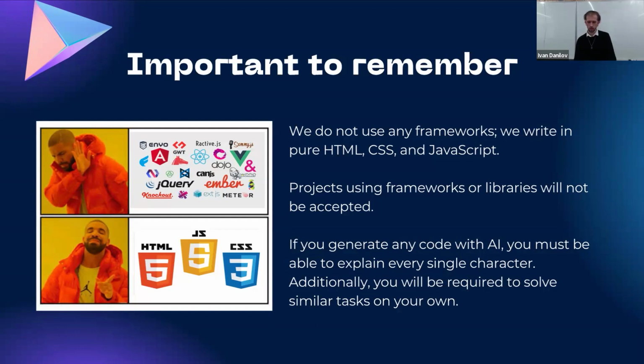Additionally, I can give you some additional tasks just for checking some basic knowledge, and the main grades will be based on that task. So if you generate your code with AI, be able to explain it and describe everything and answer my questions because there will be a lot of questions.